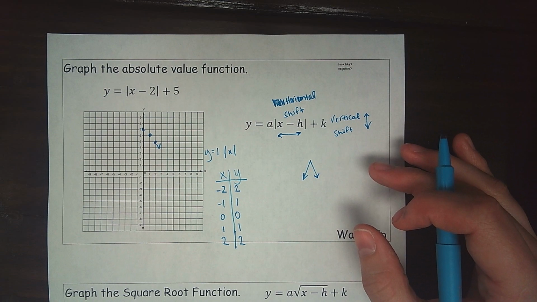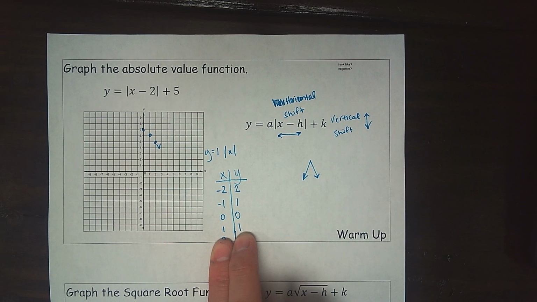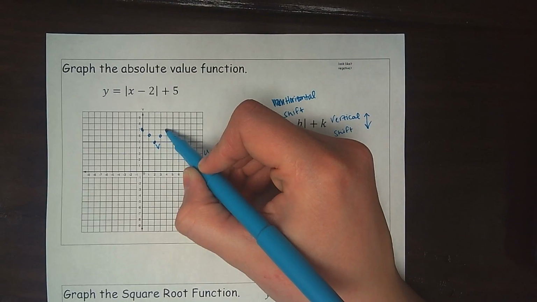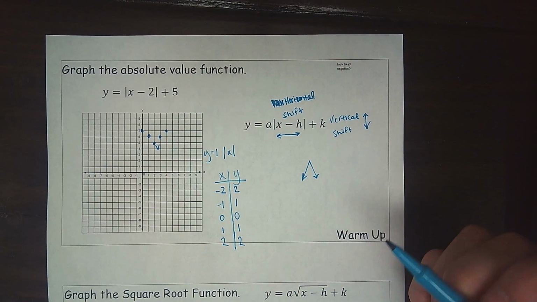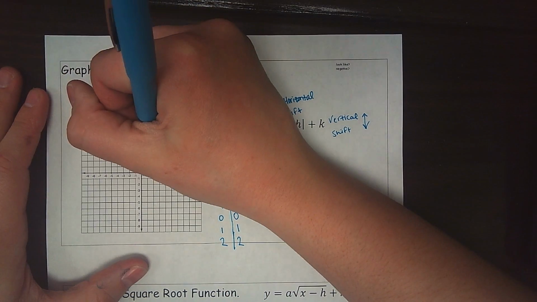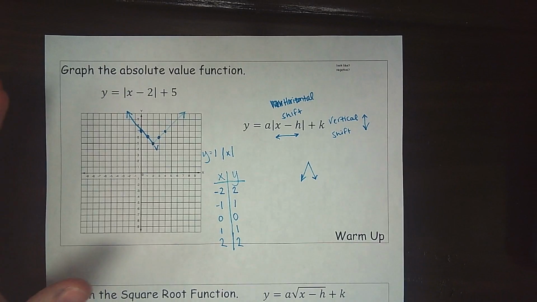That's already there. Here we need to go right 1 because our input is positive, and then up 1 because our output is positive as well. And then same idea with our 2, 2. Now if we go ahead and graph it, it's going to look something like this.